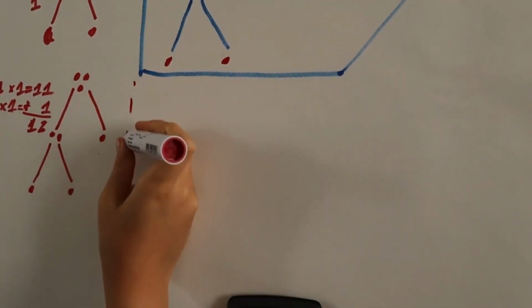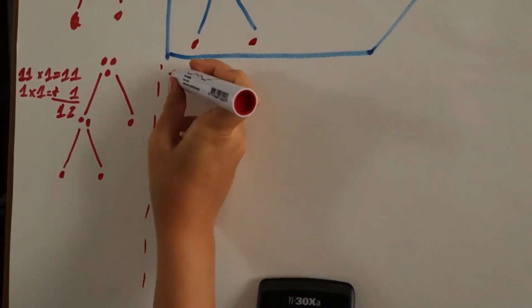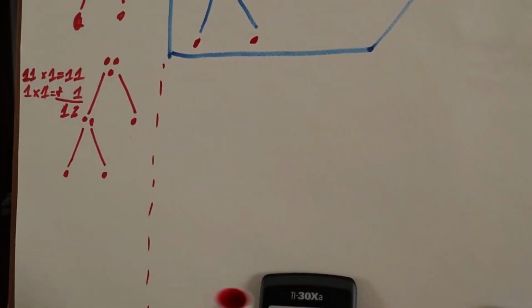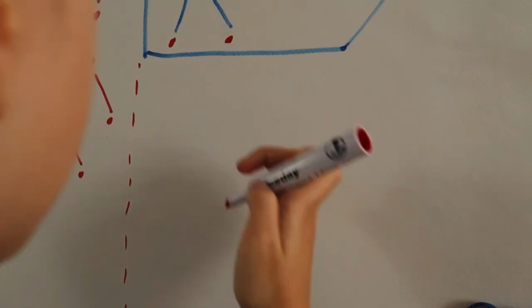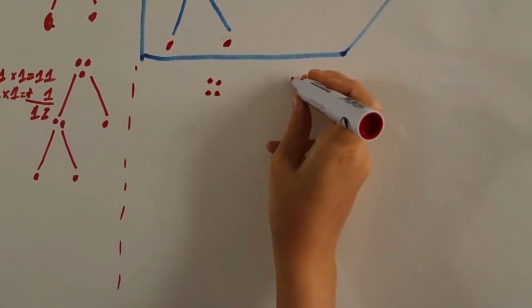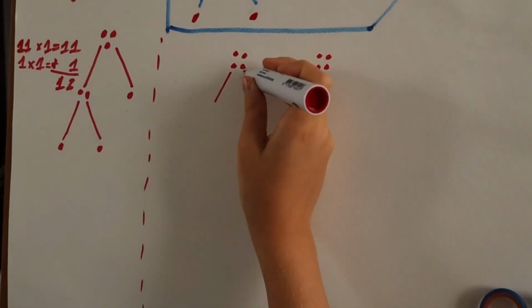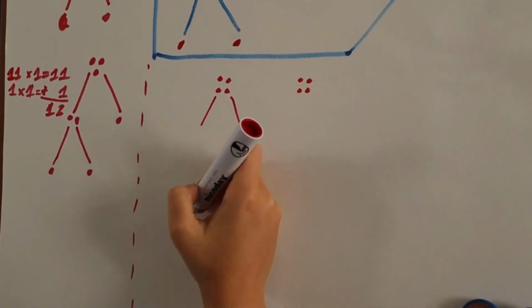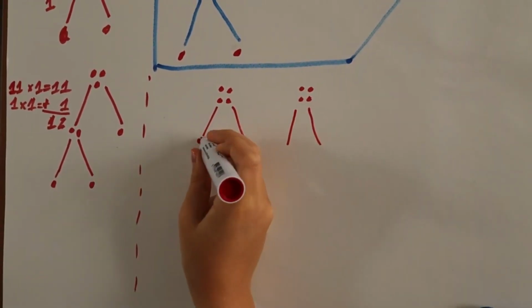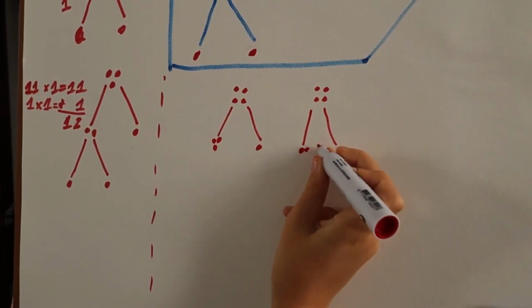Then I did 4. There are actually 2 ways you can do it. Let me write down both. You can split it up into 3 and 1, or you can split it up into 2 and 2.